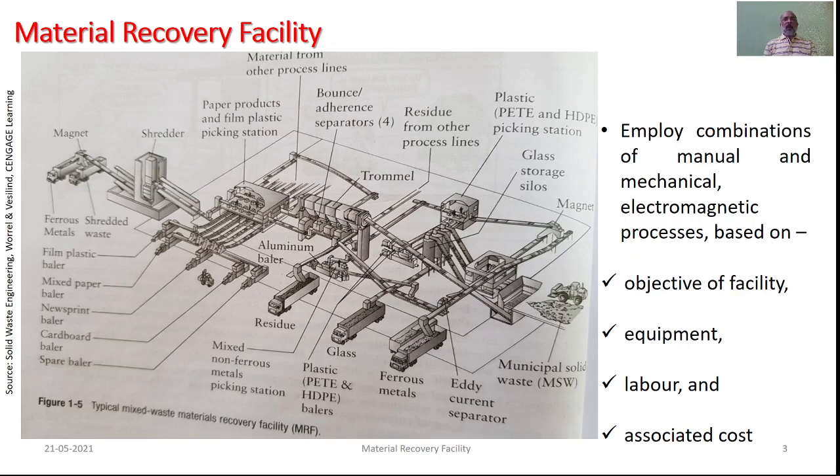Accordingly, it may attain very huge scope. The way you see here, the waste is being received, and there are many such operations which are causing the material separation into various streams through a series of mechanical electromagnetic conveyors, so that each will be transported to the required extent.